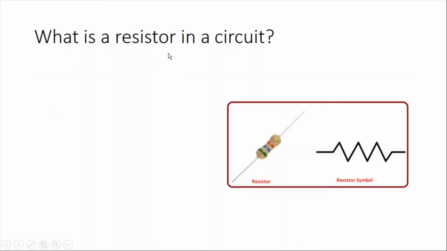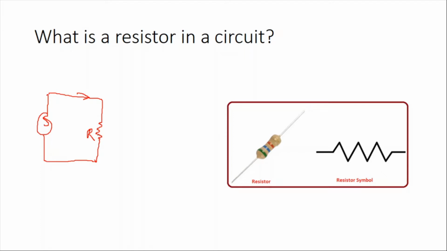So what is a resistor in a circuit? Here is a real resistor and this is its symbol. When we connect a resistor to a circuit, the flow of the current is prevented by the existence of the resistor.